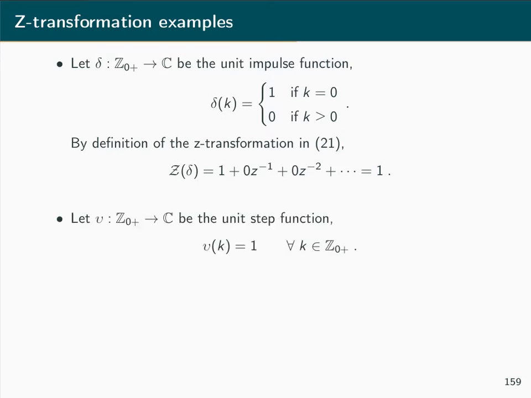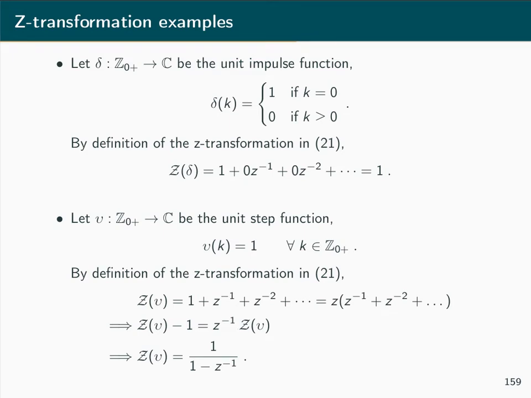Next, we look at the z-transform of the discrete unit step function, which is denoted by the Greek letter upsilon, and which is defined by upsilon of k is equal to 1 for all non-negative k. And again, to find the z-transform of the unit step function, we apply the very definition of the z-transformation in equation 21.